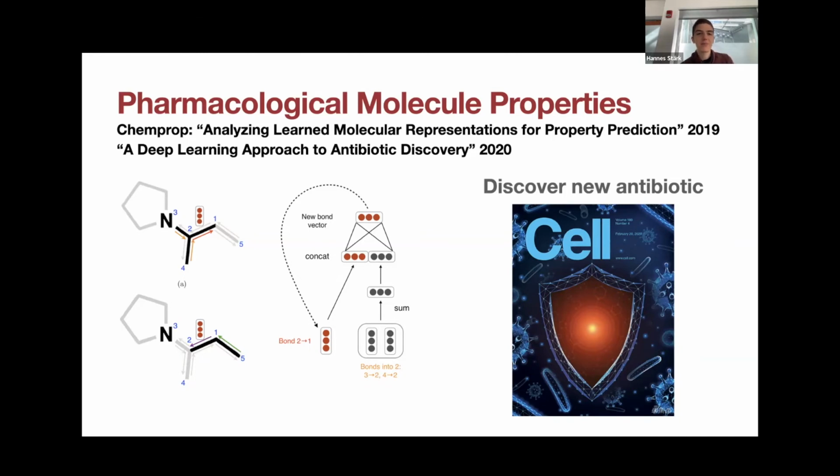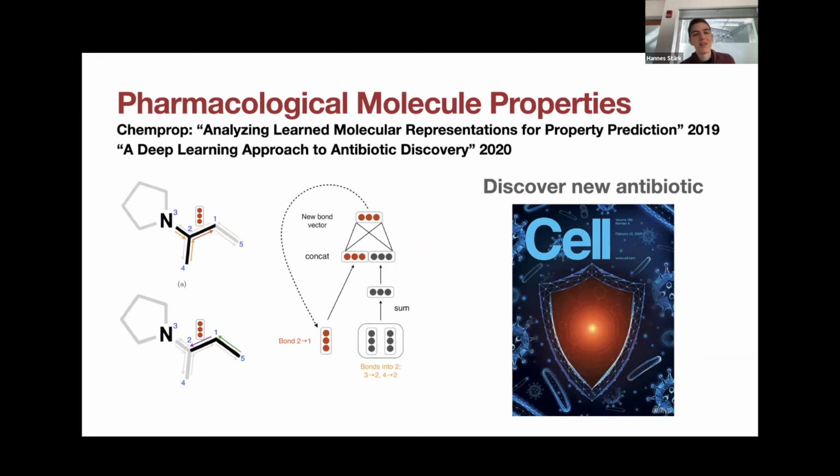And they then used this framework later on to look at many molecules when looking for an antibiotic. There we have a bunch of bacteria, and we have a bunch of data of molecules that are antibiotics for this bacterium, so they kill this bacterium, or are not.